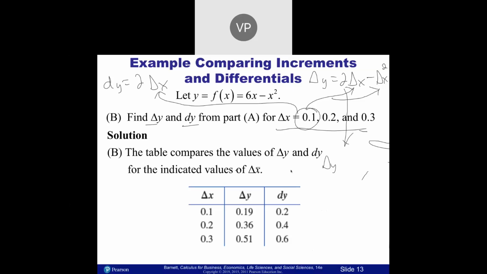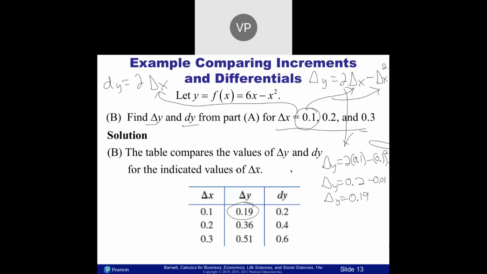So delta y gives you 2 times the 0.1 minus the 0.1 squared, and this is how we're getting the delta y. We get a 0.2 and minus 0.1 squared, which is 0.01, and that's how they got delta y equals 0.19.